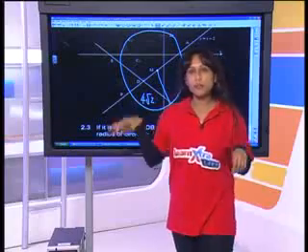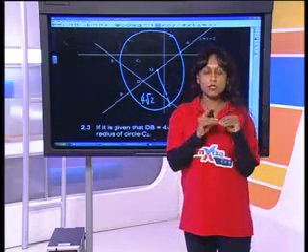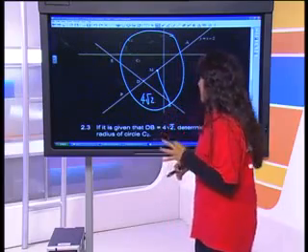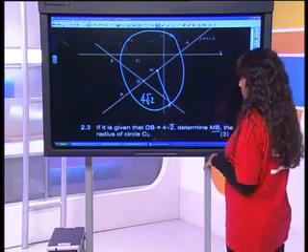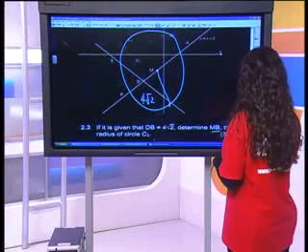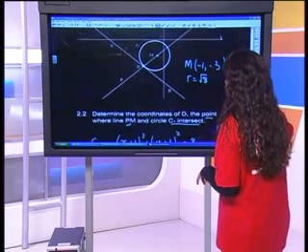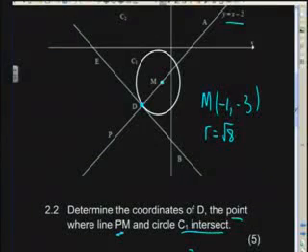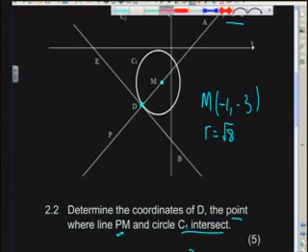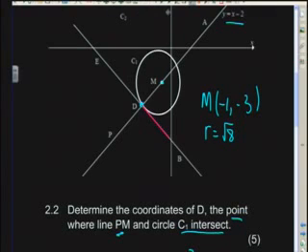Well, what I'm going to do is go back to the other diagram where we've got the nice circle C1 drawn and show you from that diagram how we can work out the length of MB. So they gave us that the length from D to B is 4 root 2.